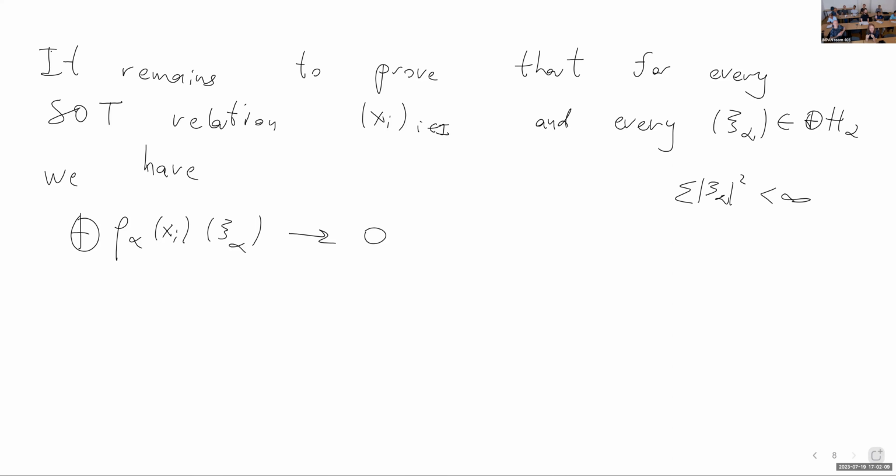So the idea is that this x alpha is approximated by an element with finite support.